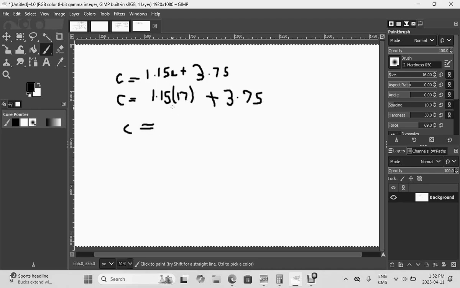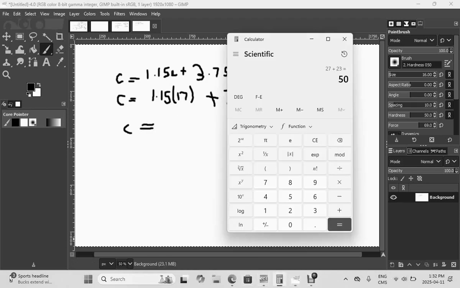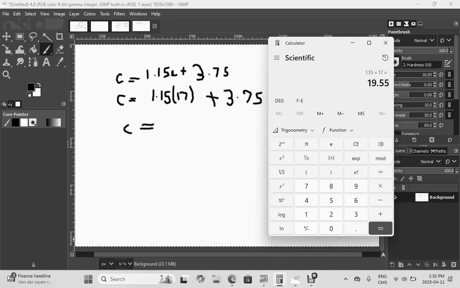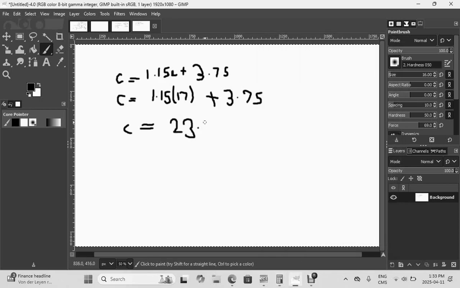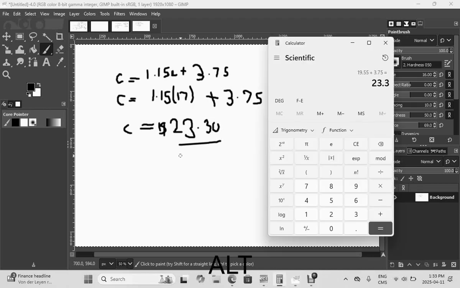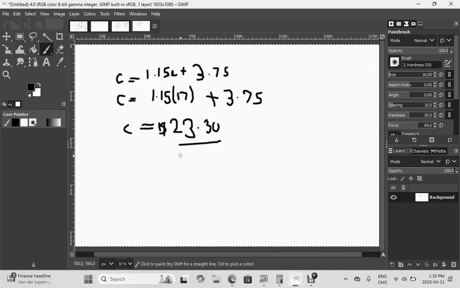So cost equals 1.15 times 17 plus 3.75. This is 23.30. This is how much you will be charged for the taxi service for 17 miles: $23.30.